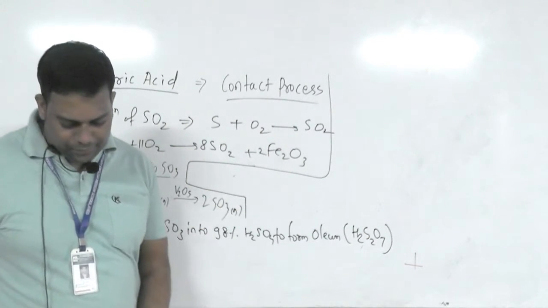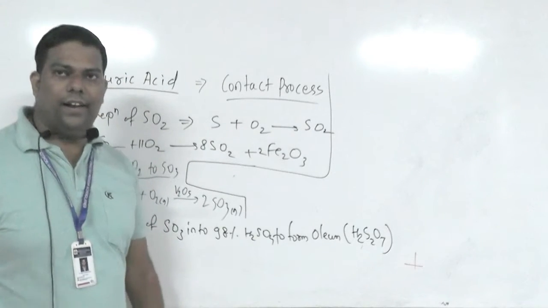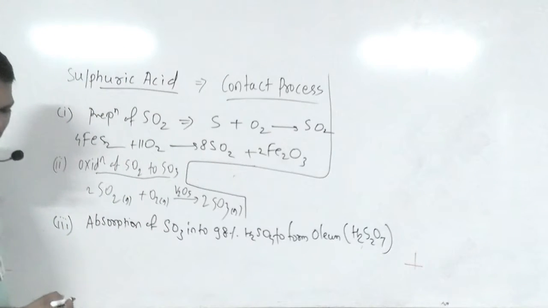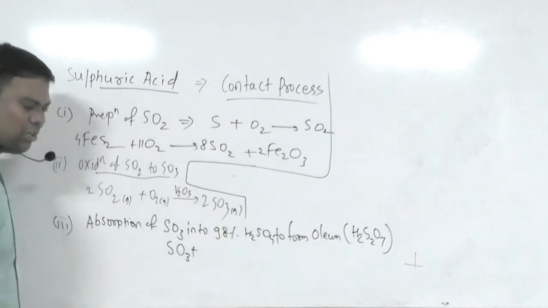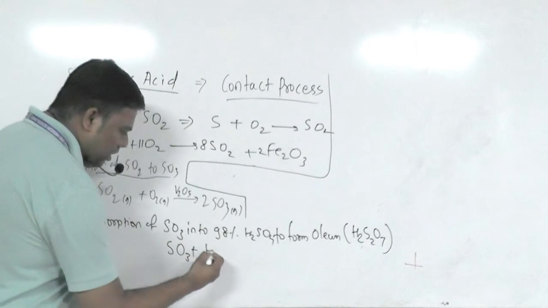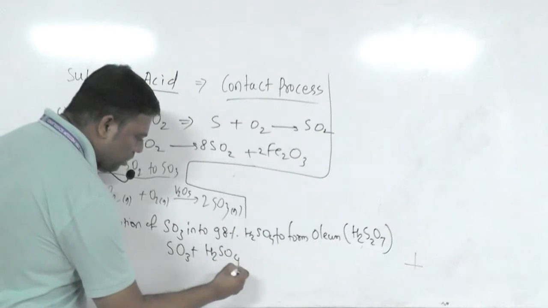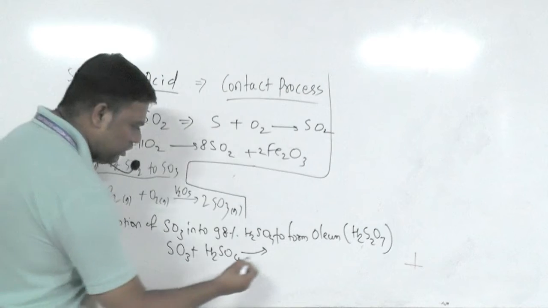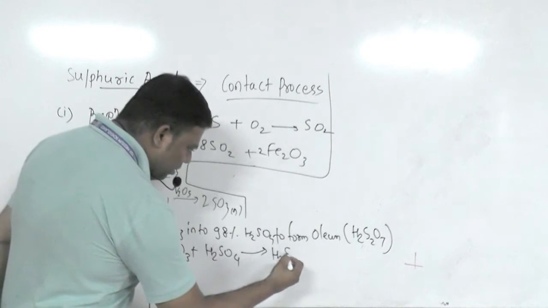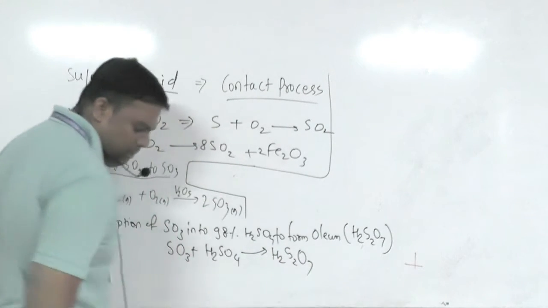H2S2O7. Okay. Now we want that reaction also. So write down fast. When this SO3 reacts with 98% H2SO4, then you will get H2S2O7. It will combine simply.